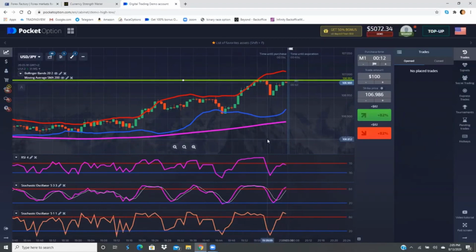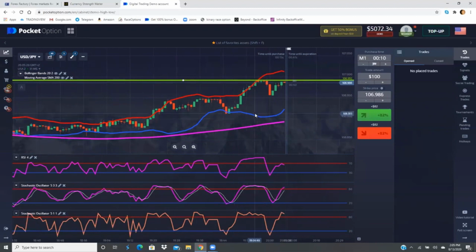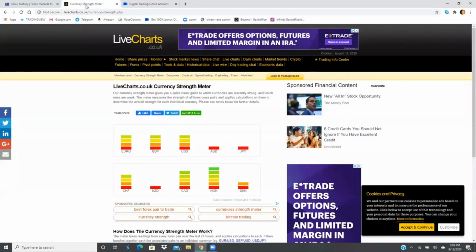It's definitely good to know what kind of trend you're in, get some support and resistance, and then get like 2 or maybe 3 indicators to just help you out, get confirmation. And then lastly, you check your currency strength meter to see if it's giving you the same kind of indication that that currency pair is either strong or weak.